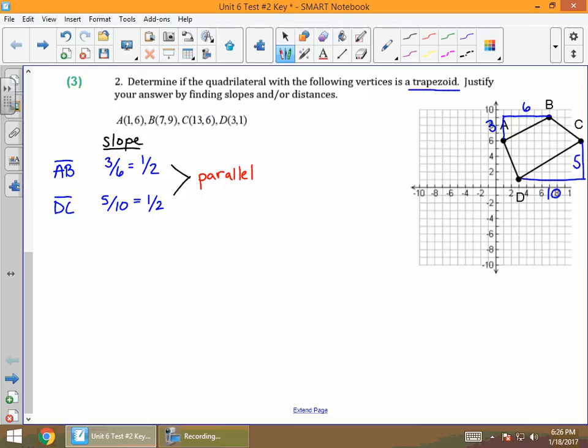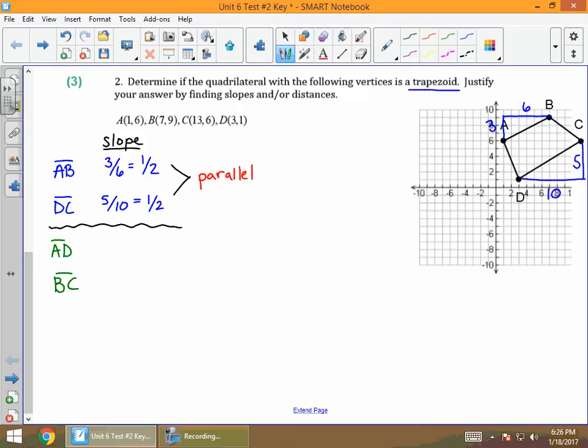Okay, so that's good. A trapezoid, I have to have one pair that's parallel. The other pair is not allowed to be parallel. So let's look at pair number 2. So this I'm good with. I needed that. Pair number 2, I'm going to look at AD. I'm going to look at the right side, BC.